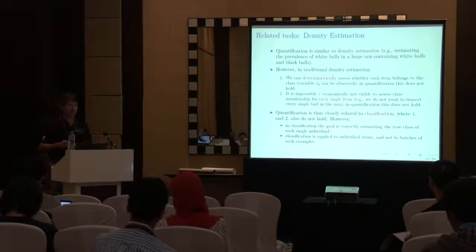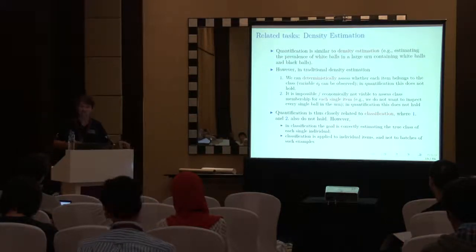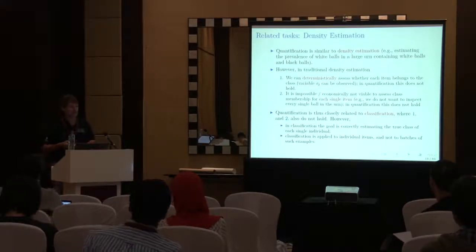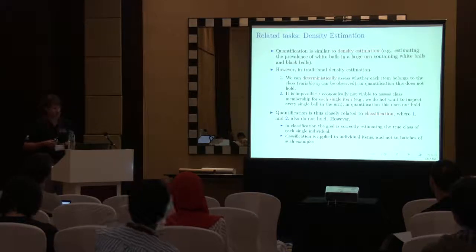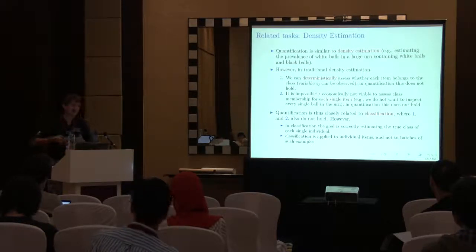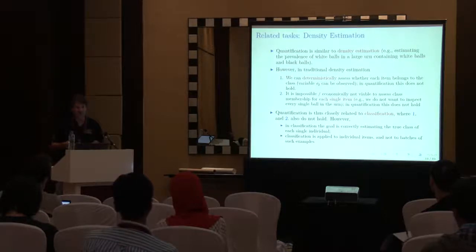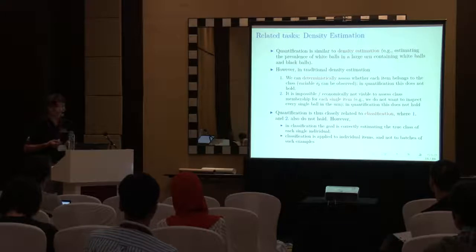So essentially you sample the urn and try to estimate a class prevalence from your sample. This is not the case in text quantification, such as tweet quantification, since tweets are digital objects and checking them all is not a problem. It can be done by computer.